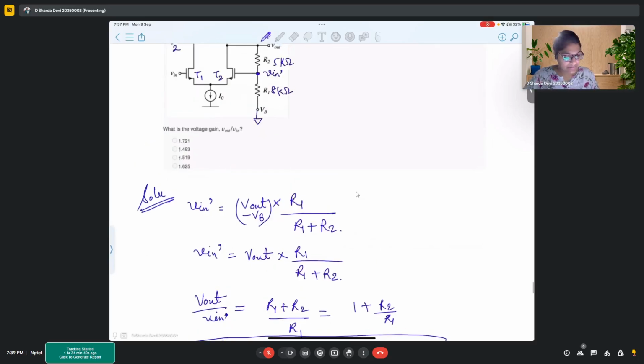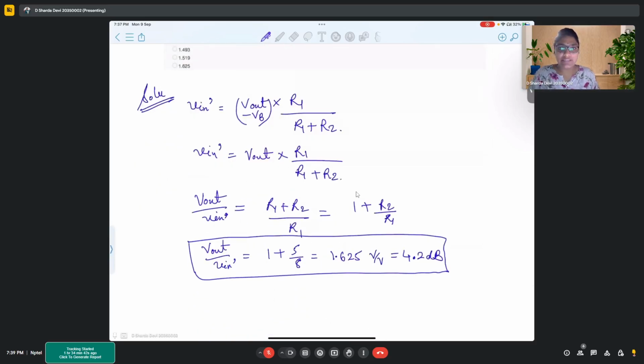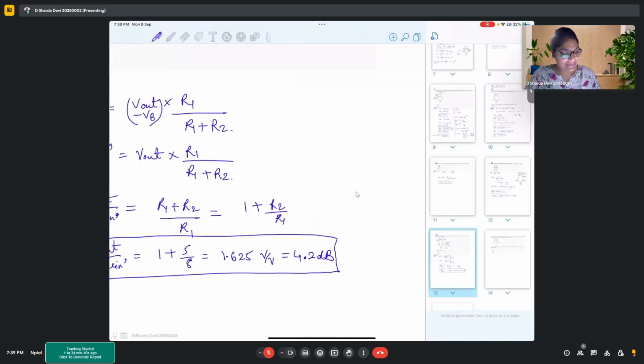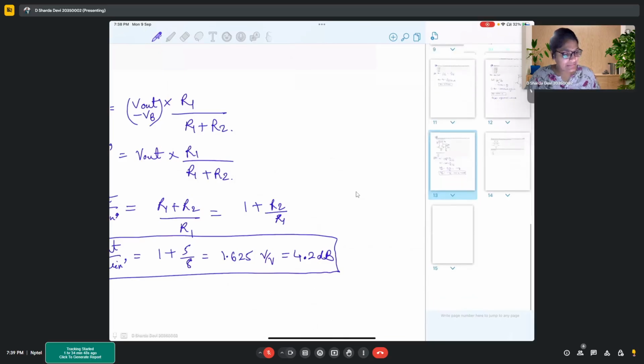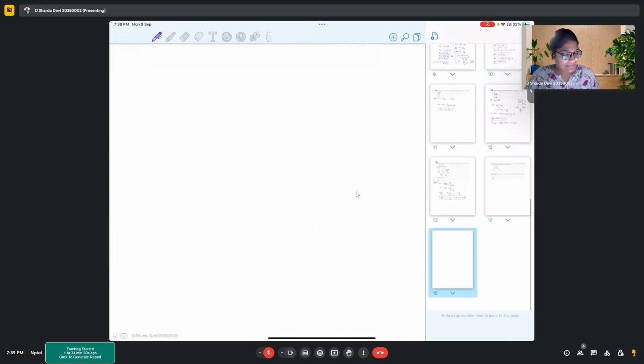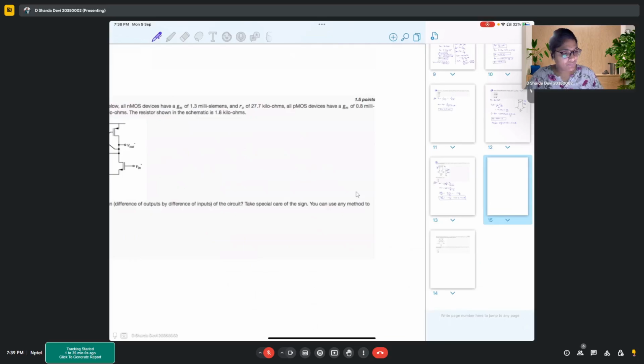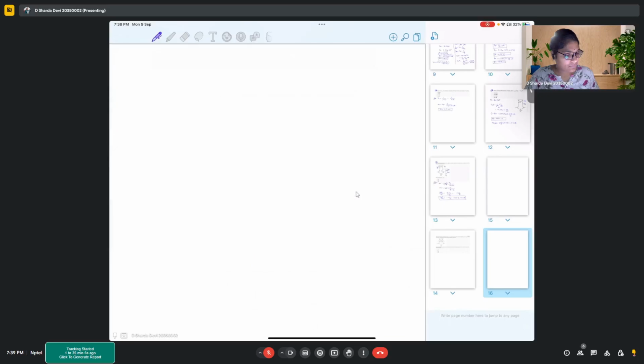But anyway, this is something more like a shortcut. Actually, if we go on analyzing this particular circuit, it's a very complicated circuit, and it's one of the advanced kinds of circuits where the output is being fed to the input.